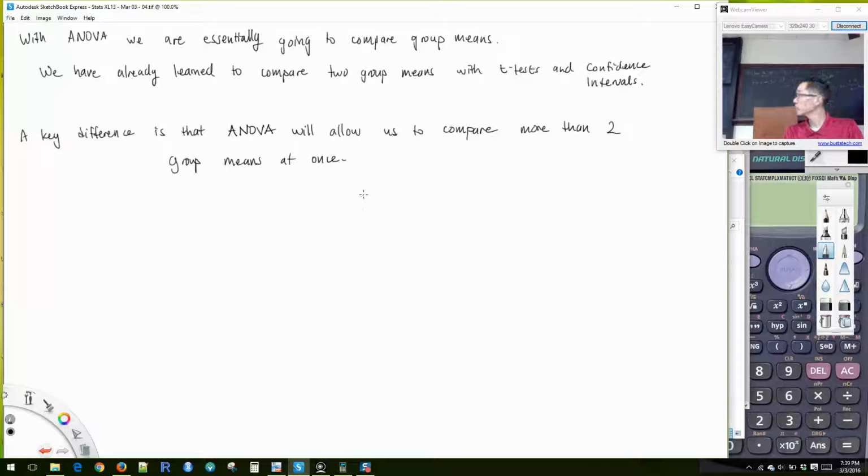So if you have 3 groups or 10 groups, you can use ANOVA to compare the means between all 3 or 10 groups.